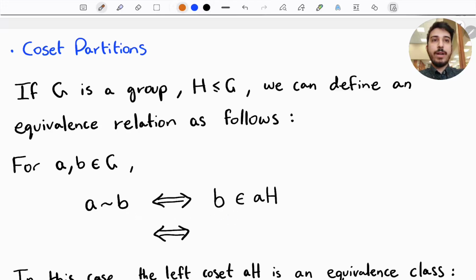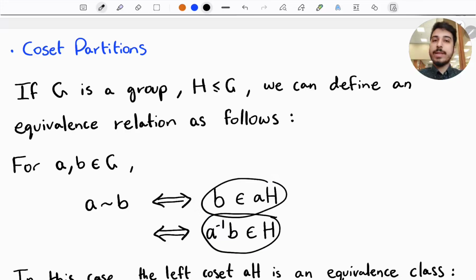We can do a bit of algebra here, multiplying by a inverse on both sides, to cancel out the a on the right-hand side, and we find out that a inverse times b is an element in H. So once we have this relation, we can say that a and b are in the same equivalence class.